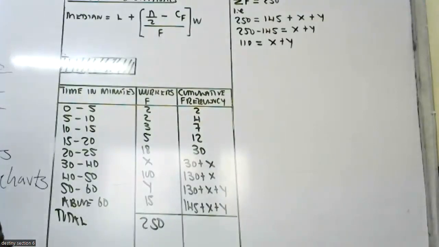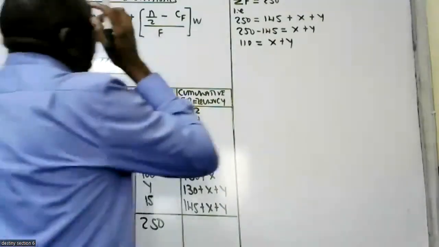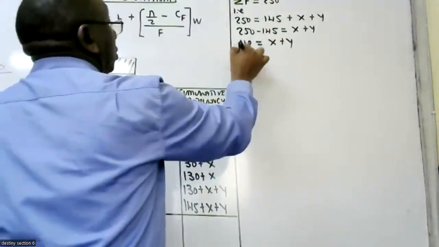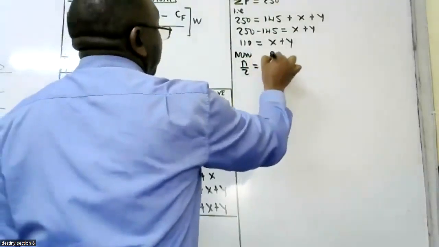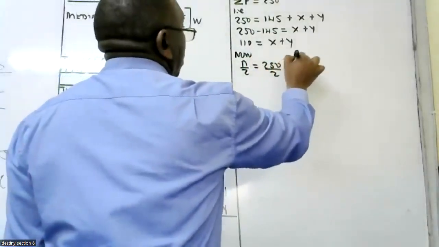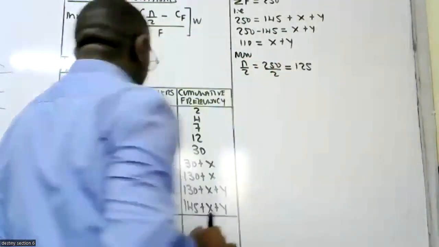Now, n out of 2 should be equal to 250 out of 2, which is 125.